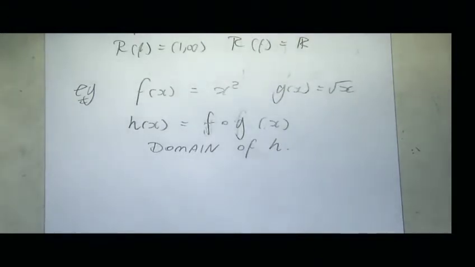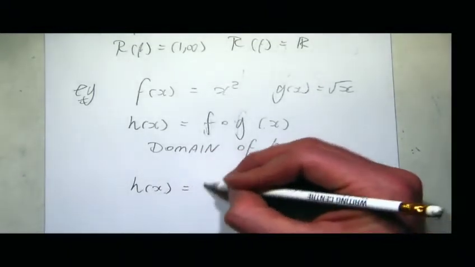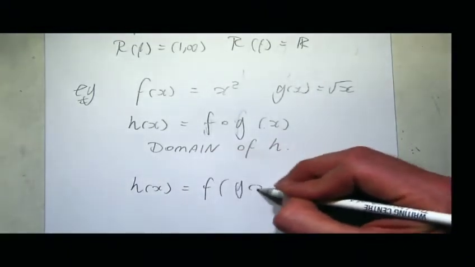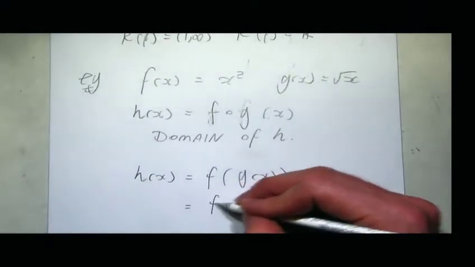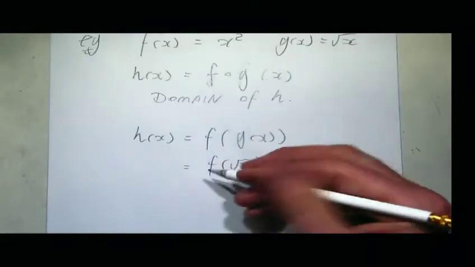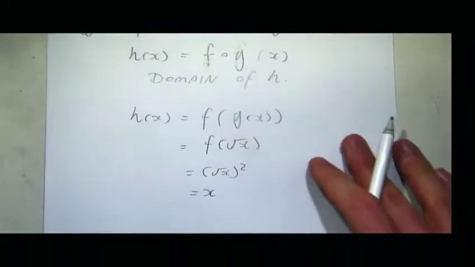Okay, if you do this, h of x equals f of g of x, which is what the little circle means, which means f of root x, which means root x squared, which would be x. If you did that, you'd look at your formula and go, well, that's defined for all x. And the answer is that would be wrong. That is not the domain of h, because h is not x, h is f of g.